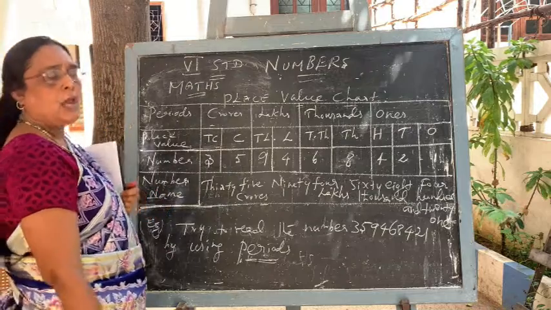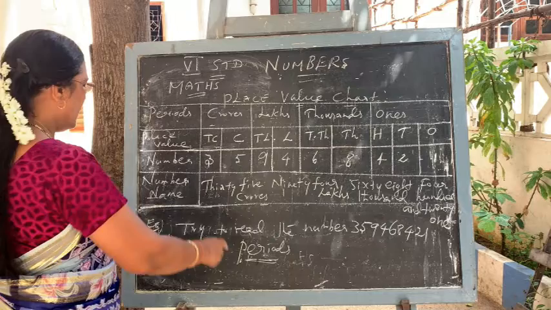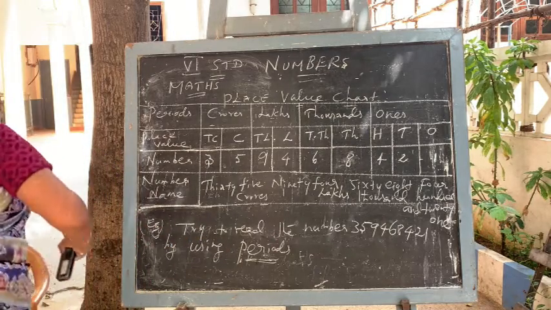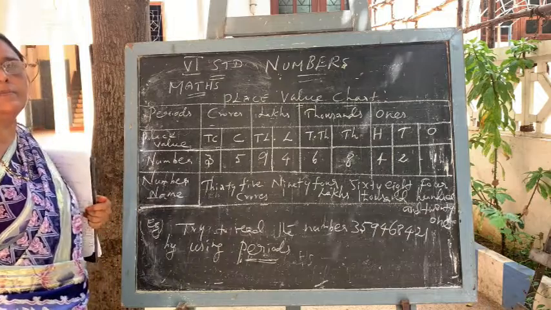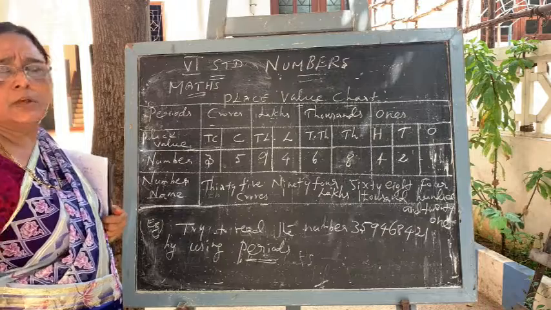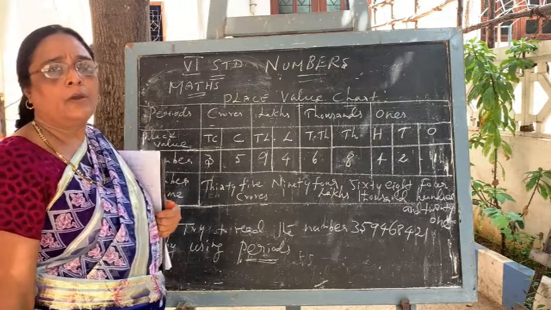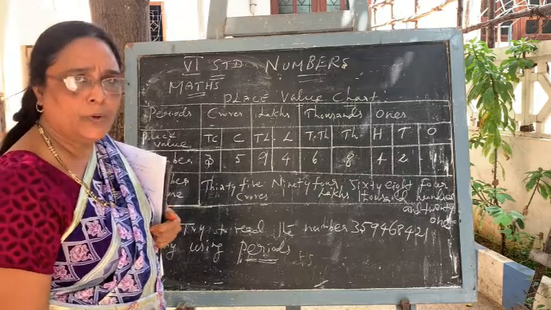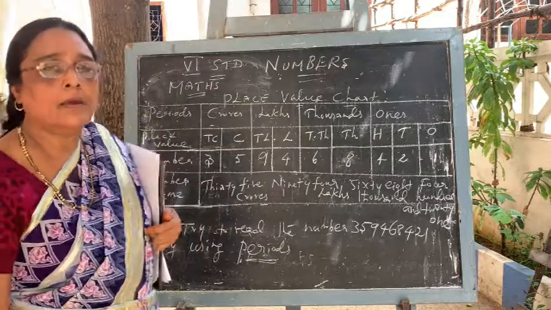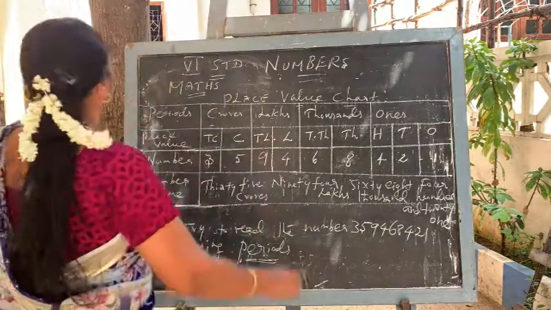Okay, clear, children? I will give you some problems based on this place value or reading the number. You have to fill the columns by using this chart. Okay? This is also one of the try this. You have to do it in a notebook as well as on an A4 sheet. That A4 sheet will be counted for the activity mark. Okay?